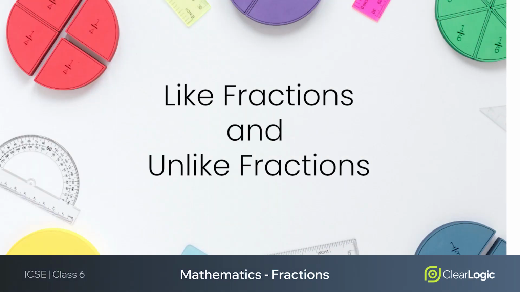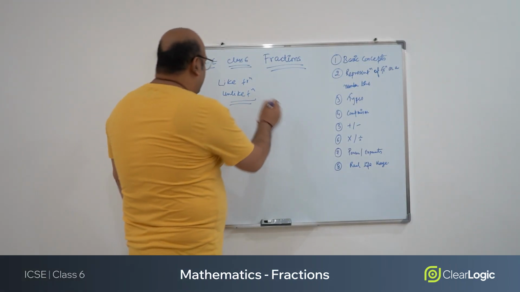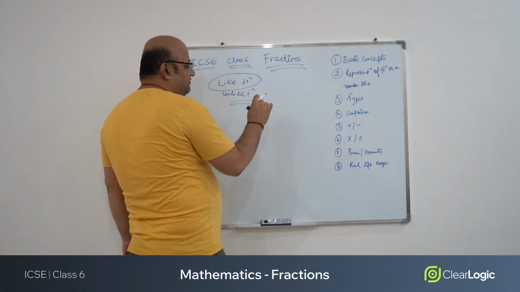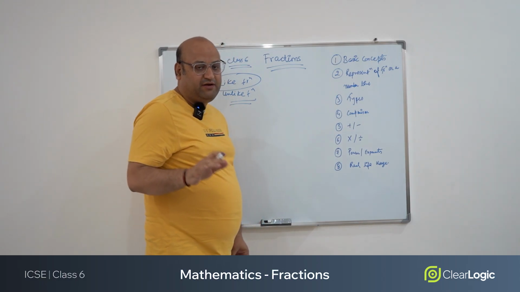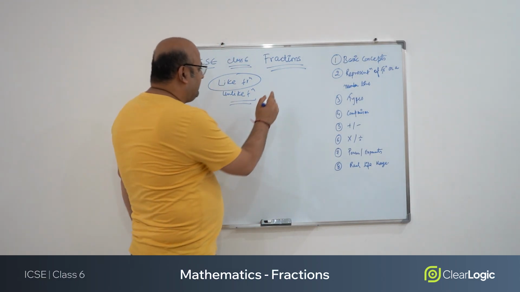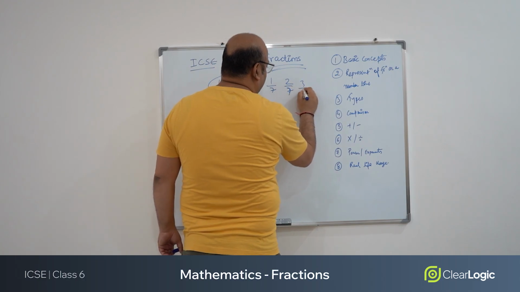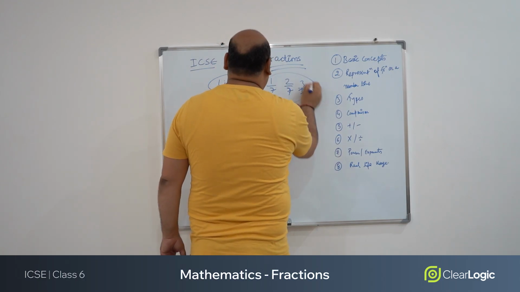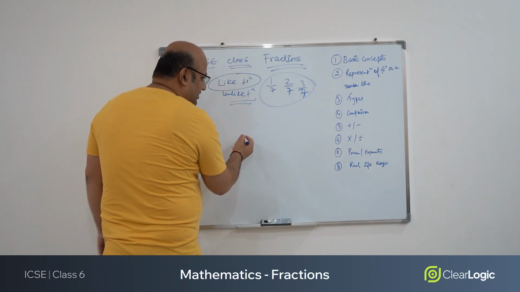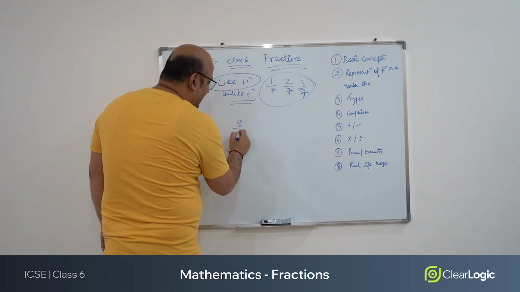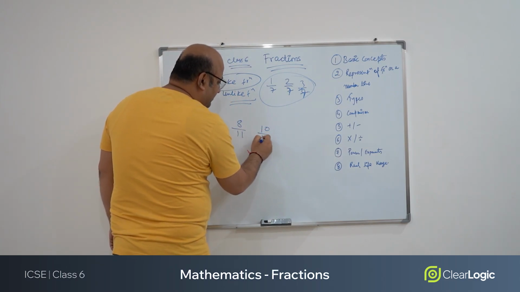Now there are two types of fractions, that is like fractions and unlike fractions. Like fractions are nothing but fractions that have the same denominator, right? For example, 1 by 7, 2 by 7, 3 by 7, all are like fractions. Other examples can be 8 by 11, 10 by 11, right?